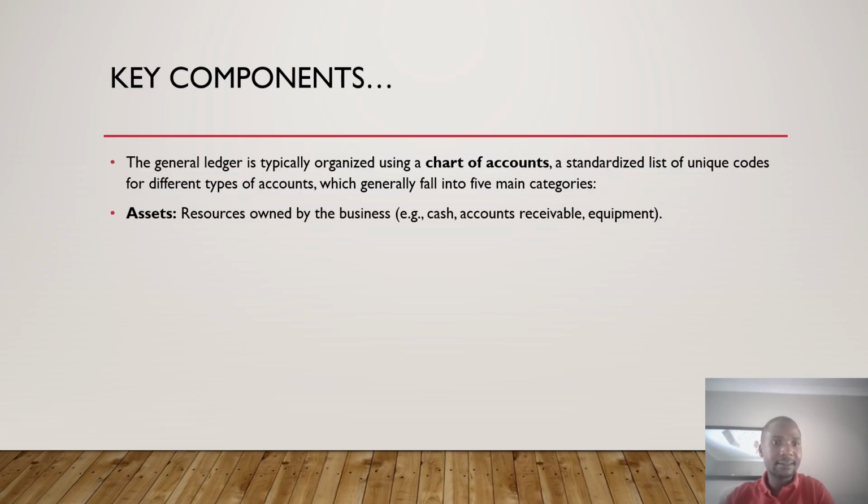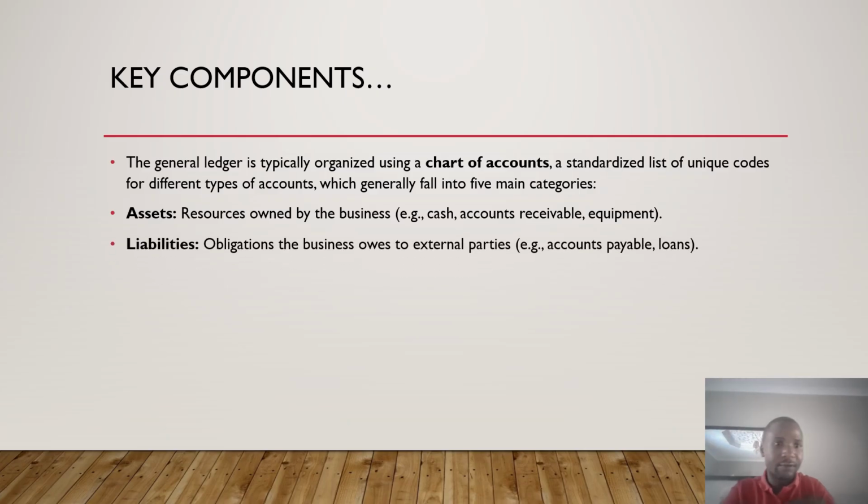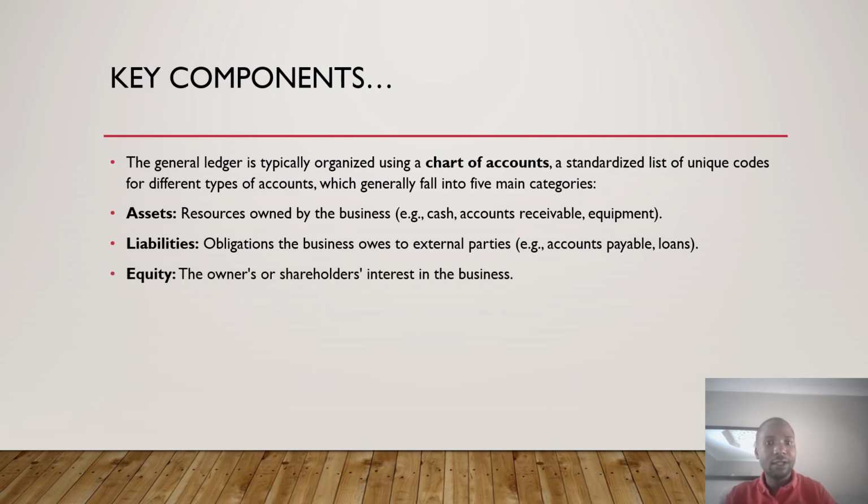We have assets, which are the resources owned by the business. For example, we talk of cash, accounts receivable, and equipment. We also have liabilities, which are simply the obligations a business owes to external parties. Talk of accounts payable and loans. And we have equity, which is the owners' or shareholders' interest in the business.